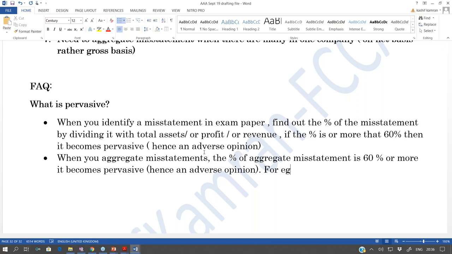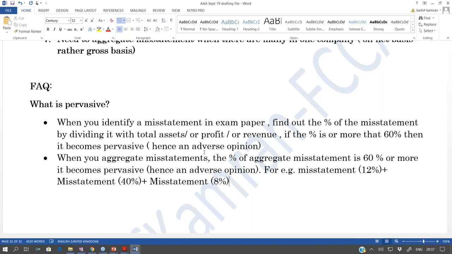there is a misstatement which is 12%. Is it pervasive alone, 12%? No. Then there is another misstatement, which is 40%. Is 40% alone pervasive? No. Then there is another misstatement, which is 8%.